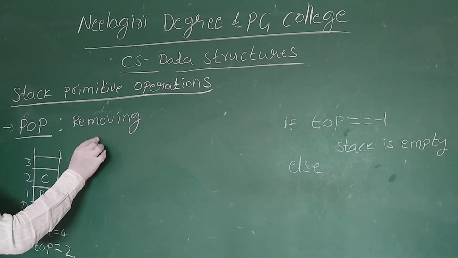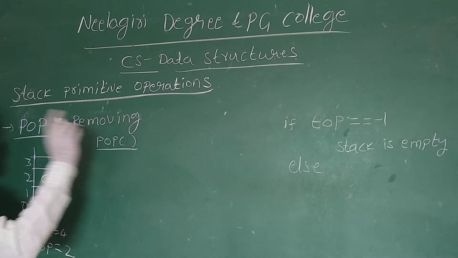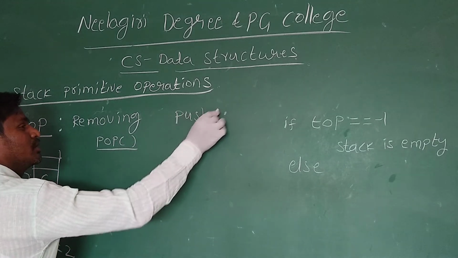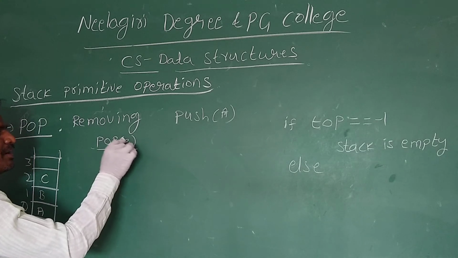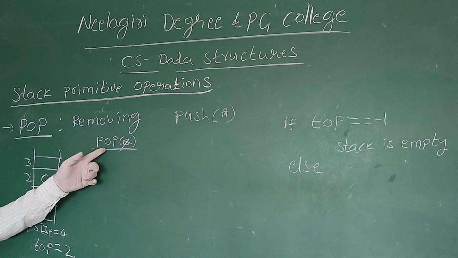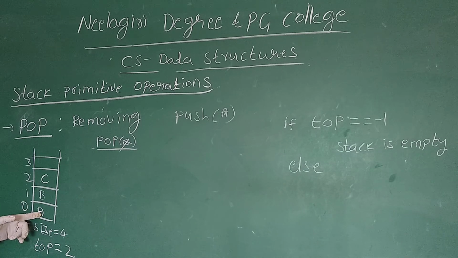If you want to perform the pop operation, you may have a doubt: Sir, in push you gave an element name, but here you are not giving any element name. Whenever you perform the pop operation, it automatically removes the topmost element only. We cannot remove any element as per our desire.